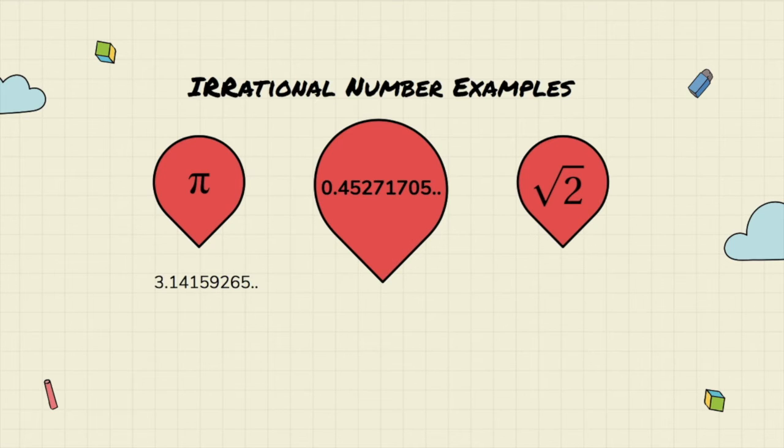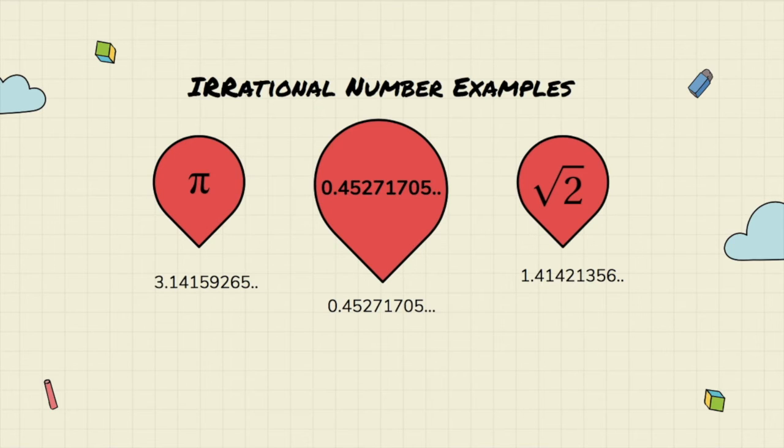Then we have 0.45271705, which we also cannot turn into a fraction or ratio, so it stays the same and is irrational. Then we have the square root of 2, which if simplified is 1.41421356, which also cannot be turned into a fraction or ratio and is irrational.